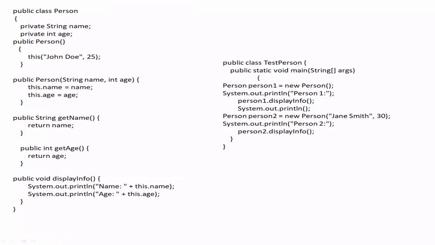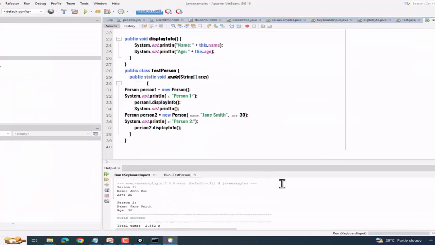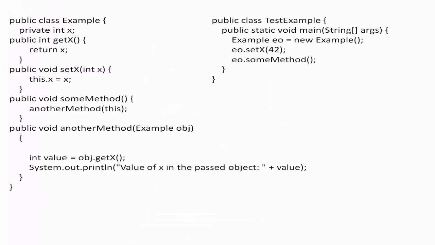Let us compile this program. Now it has shown the details of person1 and person2: John Doe, age 25, and the second person Jane Smith, age 30.